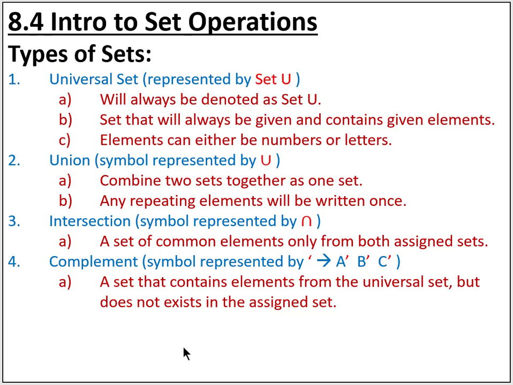So a complement is a set that contains elements from the universal set. Again, universal set is the first set we talked about, but does not exist in the assigned set.